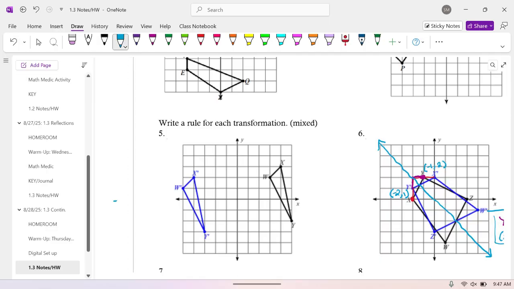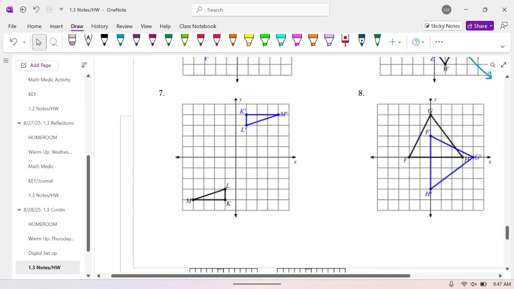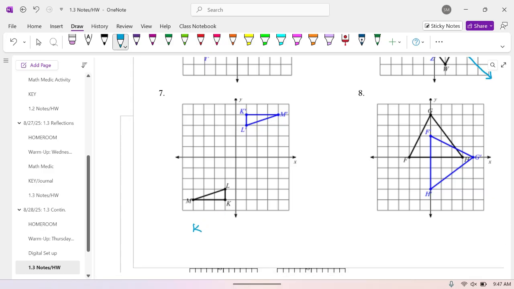So when in doubt, just start by listing those points. Okay. So K is at the point -1, -4. L is at the point -1, -3. And M is at the point -4, -4.